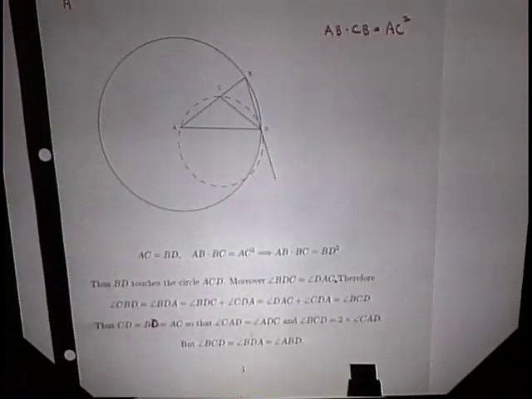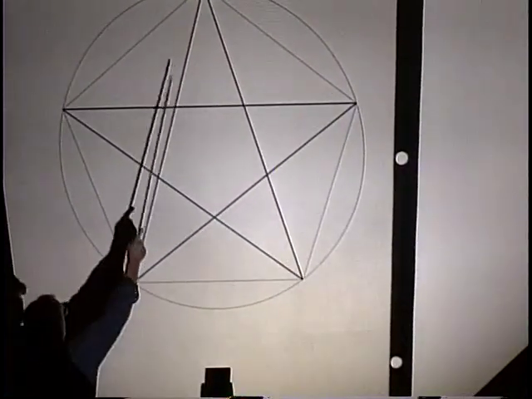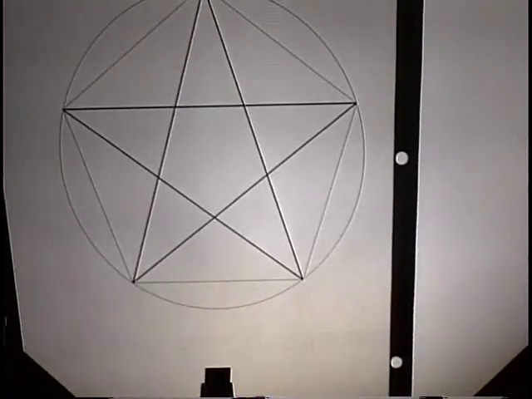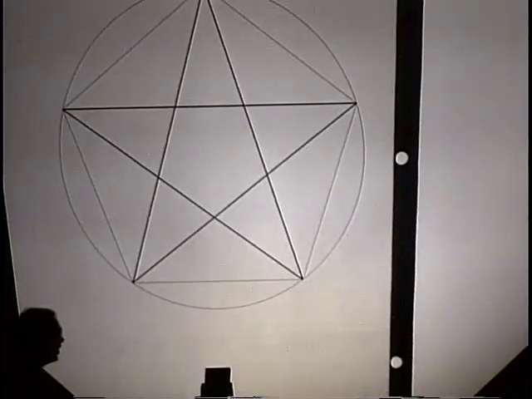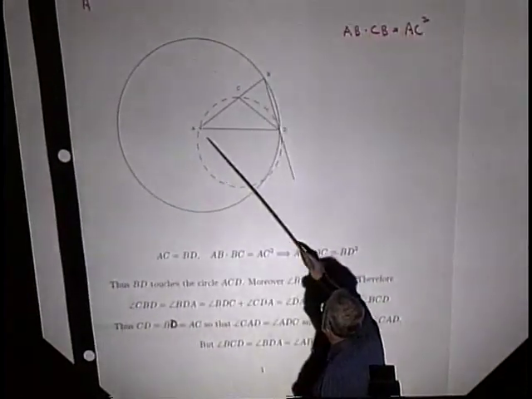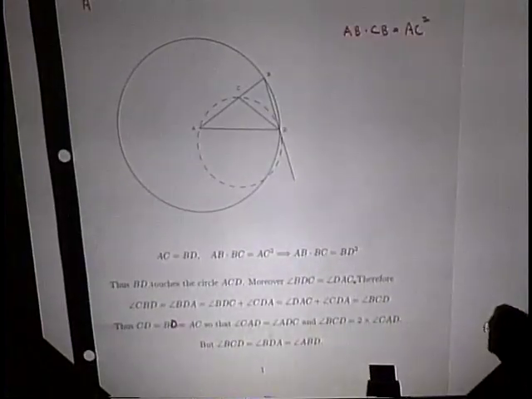I'll just do something similar. That will remind you of the triangle. This was the Pythagorean pentagram, and remember the triangle is this one. I want that vertical. And you can see it looks pretty much like that one, ABD. So that should be the triangle we're trying to construct.